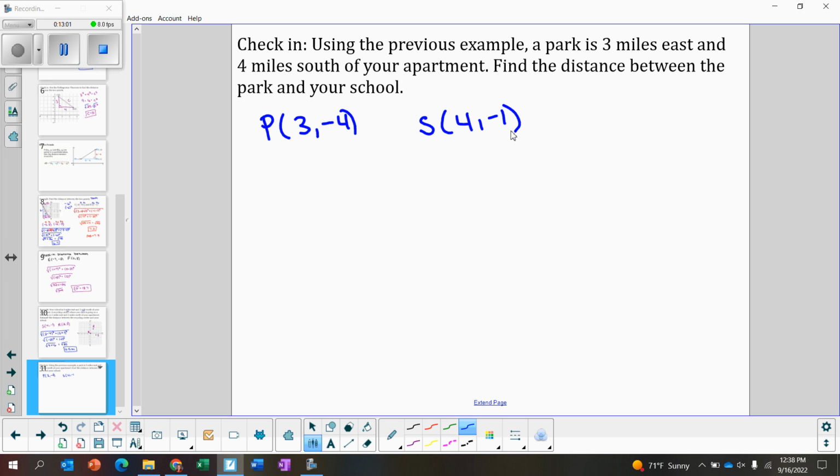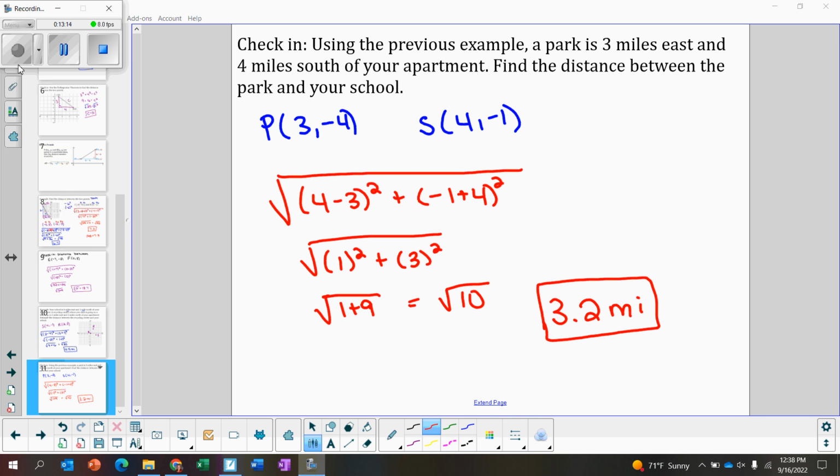So find the distance between the park and your school. Pause, so when you're done, you can reopen and check your answer. All right, so using our distance formula, we end up with the square root of 10, which comes out to be approximately 3.2 miles. And that is part 2 of section 1.3.